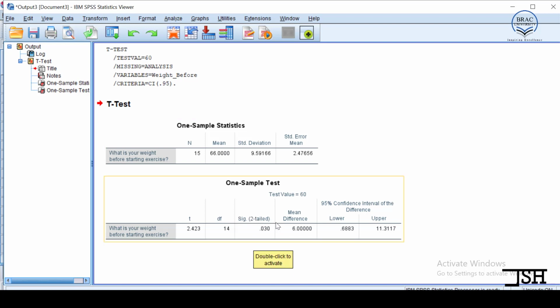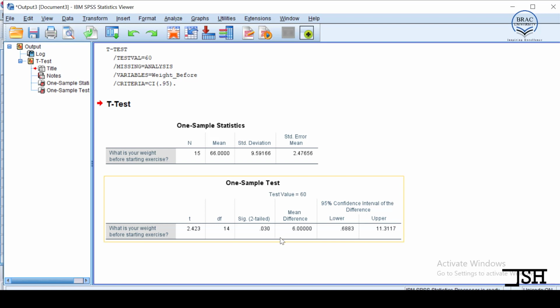Is it less than 5% or 0.05? Yes, it's showing 0.03, which means 3%. So as the p-value is less than 5%, the result in this test is statistically significant.